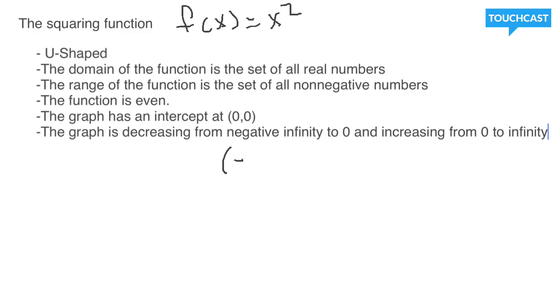From negative infinity to 0, we are decreasing, and we are increasing from 0 to infinity.